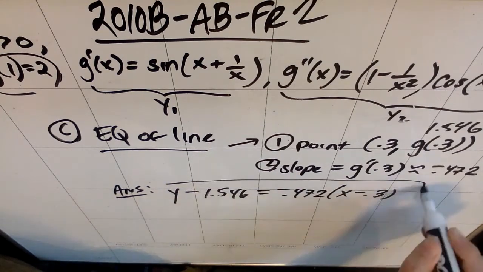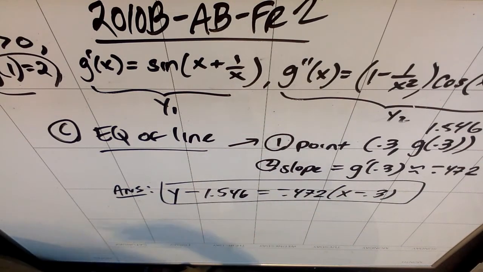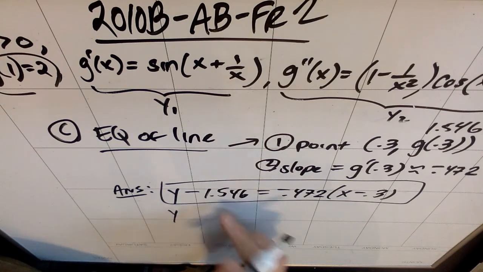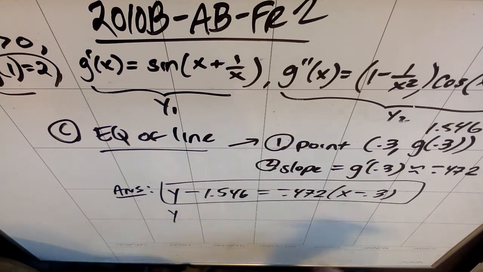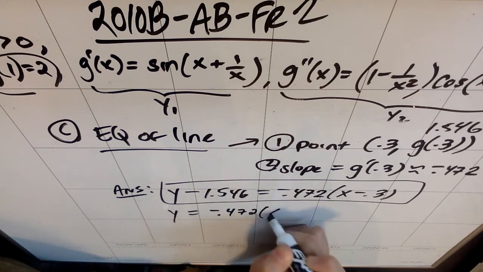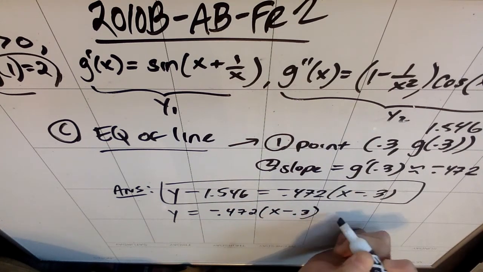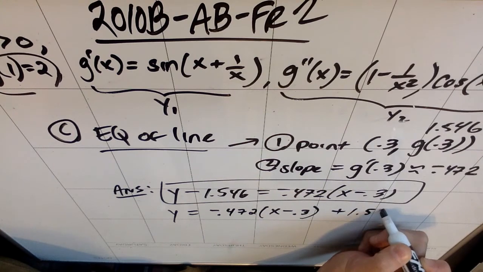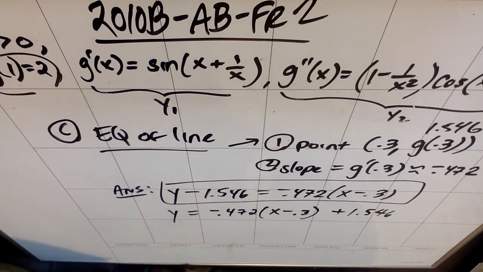And that answer is totally fine. If you really like to solve for y, please don't combine like terms. Just add the 1.546 over to the other side. So you get y equals negative 0.472 times the quantity x minus 0.3, all plus 1.546. So that's also fine.